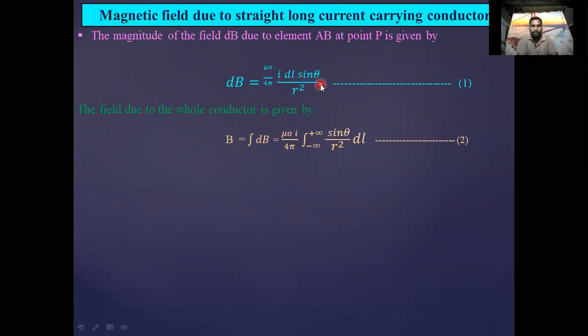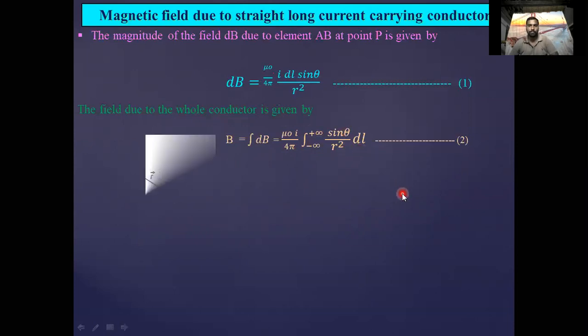Now consider the whole conductor carrying current I. It produces a magnetic field at point P, B = ∫dB = μ0 I/4π, where I is the current in the conductor. Since the conductor is infinitely long, we integrate from minus infinity to plus infinity of sinθ / r² dL.